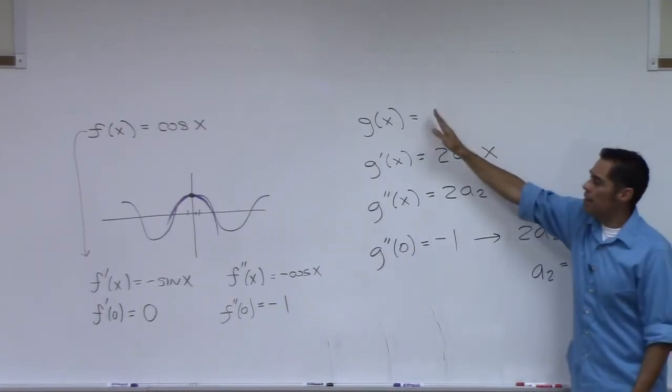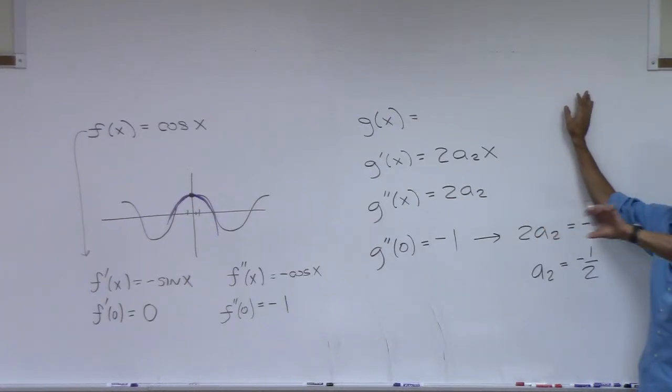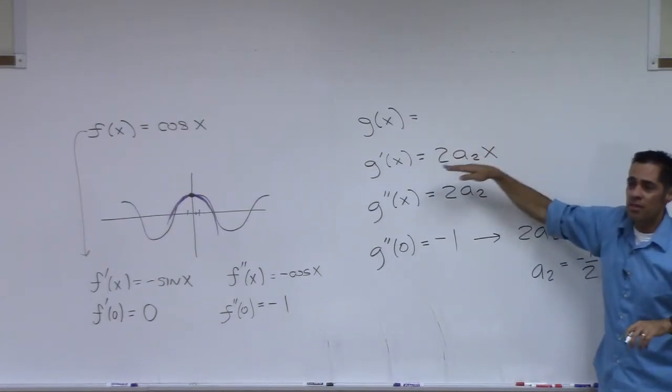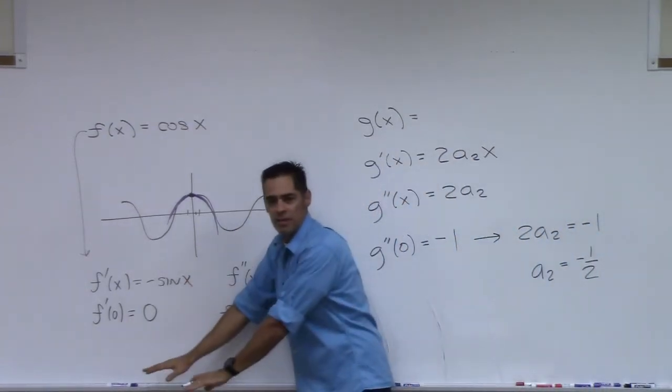Why don't I make it a polynomial that never stops? An infinite series of powers of x, so that each derivative matches each derivative here.